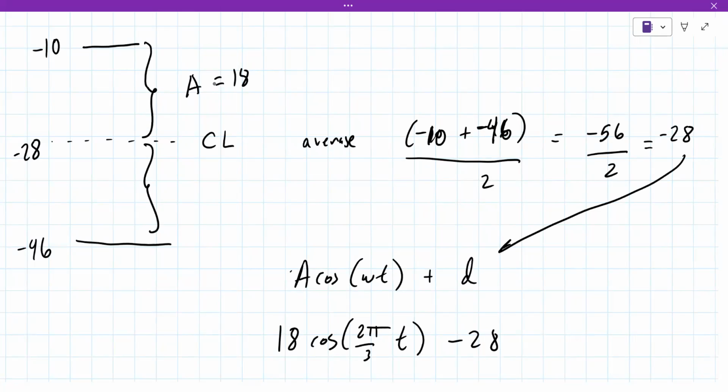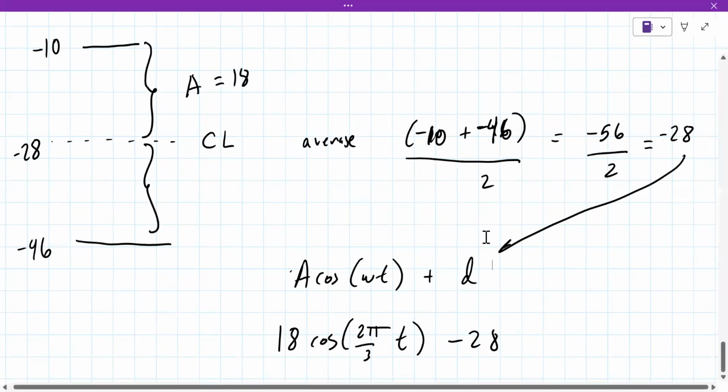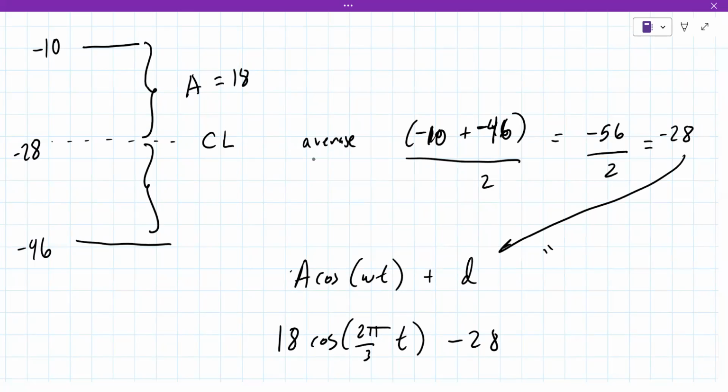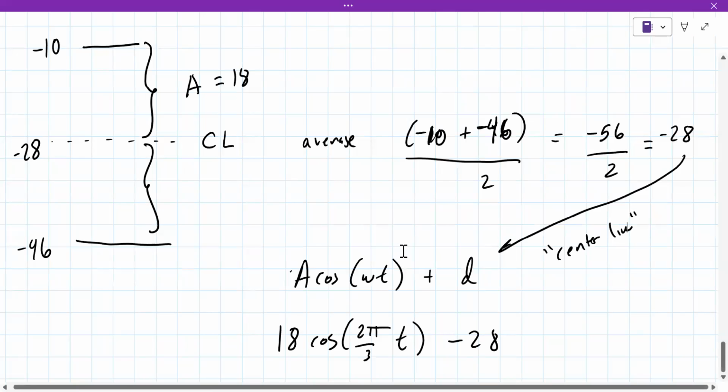What does D stand for? D is the center line. It's the vertical distance that it kind of starts at. Usually it's 0, like in the previous problem, but this one they made it more difficult.